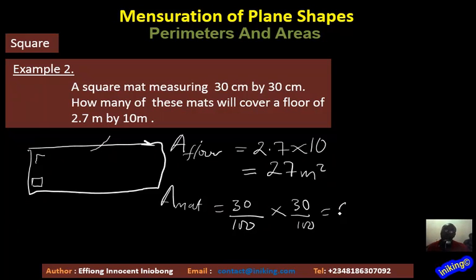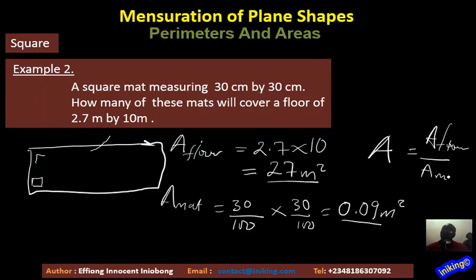Multiplying this out, we should have 0.09 meters squared. So that's the area of each mat, and this is the area we want to cover. So how many of the mats are we going to require to cover a total area of 27 meters squared? Of course, we simply divide the area of the floor by the area of each mat.